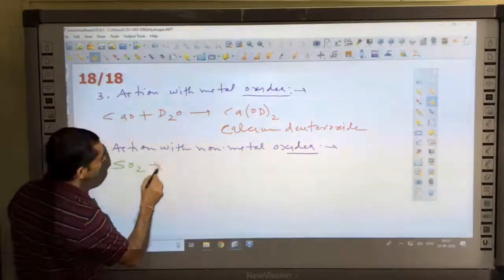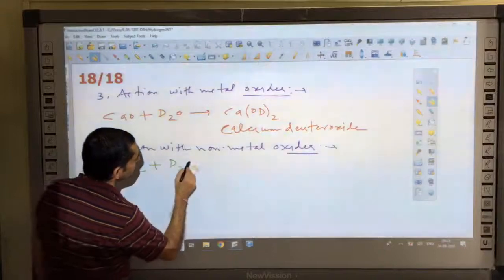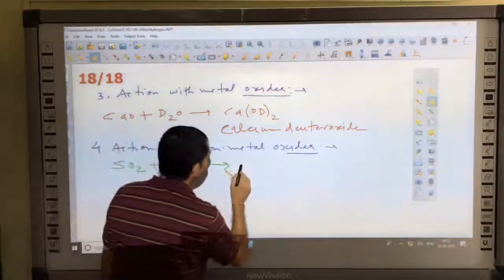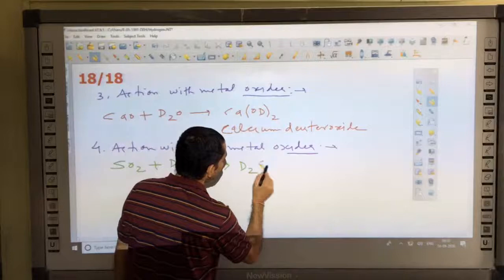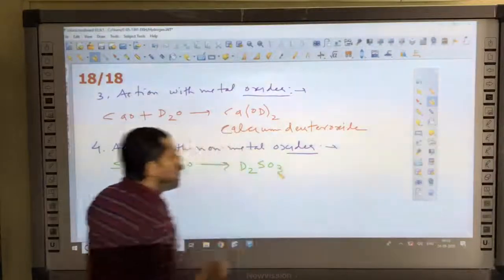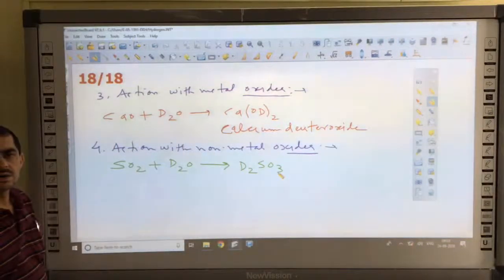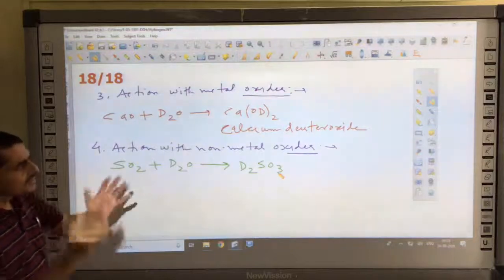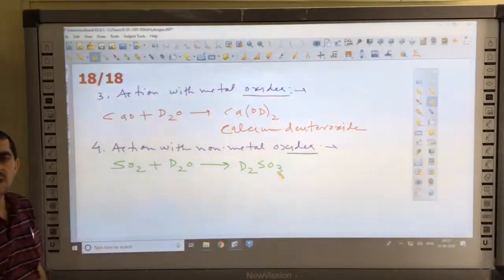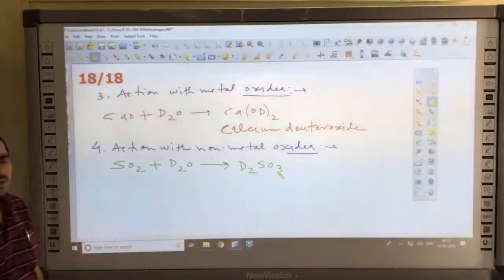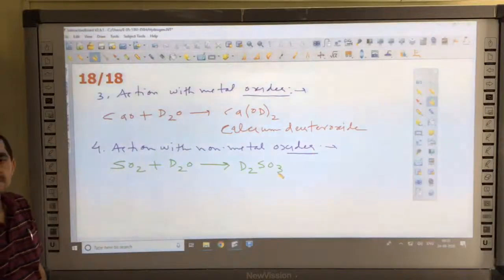SO2 reacts with heavy water. It will form D2SO3. Clear? Understood? So, the reactions are the same as that of water. Clear?